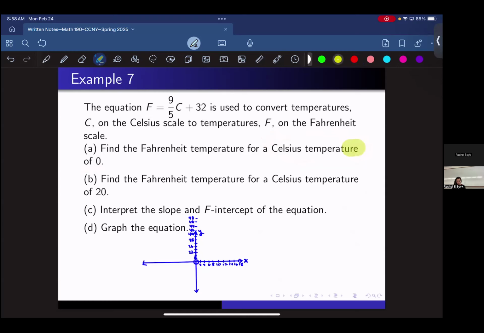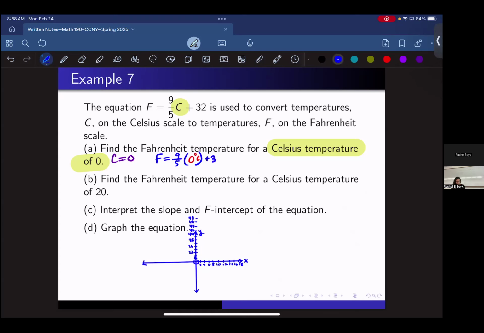Well, we're given our Celsius, our C is equal to 0. So we can write that down. And that tells us that, okay, if our C is 0, we're just going to plug in 0 where we see C and then solve for our F. So F is equal to 9/5, parentheses, put in 0 for our Celsius. And you could put in the units, you don't have to.